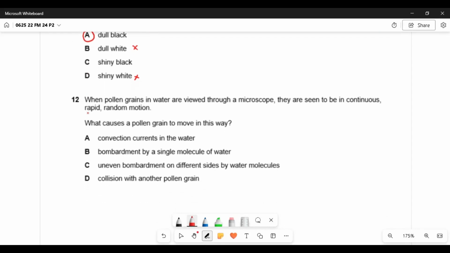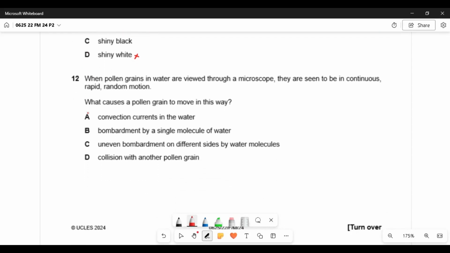When pollen grains in water are viewed through a microscope, they are seen to be in continuous, rapid, and random motion. We call it Brownian movement. If this is the liquid, we can see a zigzag path like this. What causes a pollen grain to move in this way? Convection current doesn't affect.